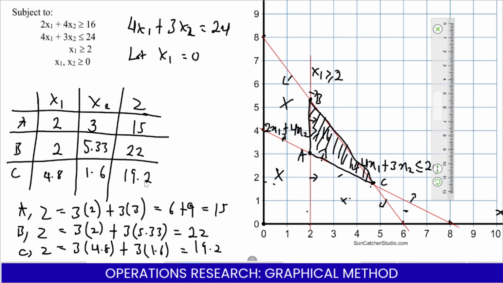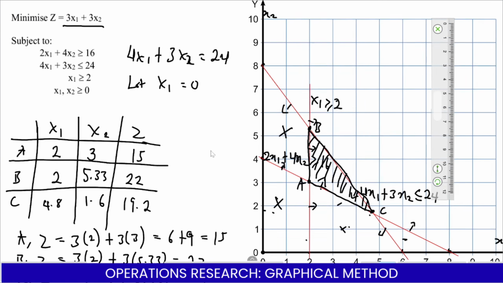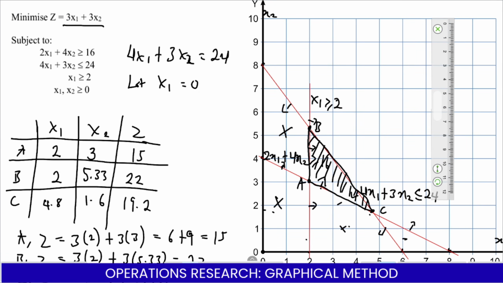Because now we have our values for all the 3 points, and because it's a minimization problem and our objective is to minimize the cost, we are going to take the minimum value, the smallest value among these values of z. So the minimum value is 15.